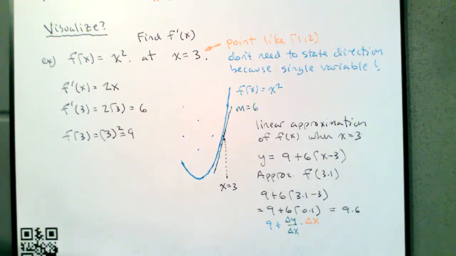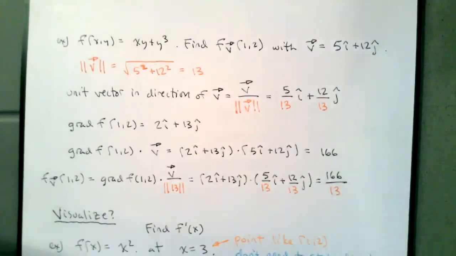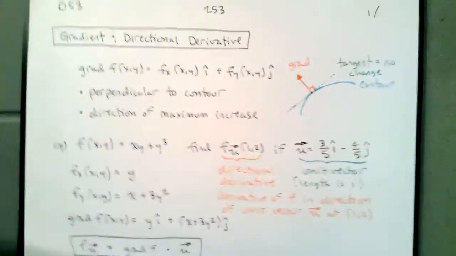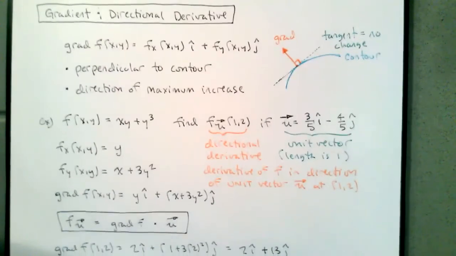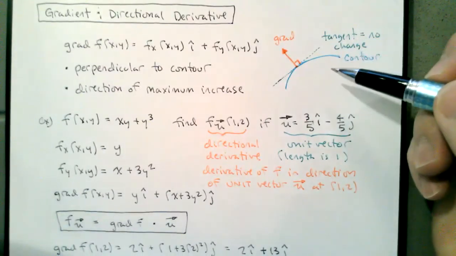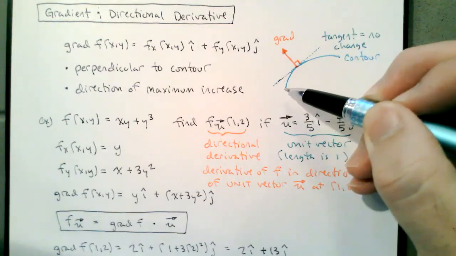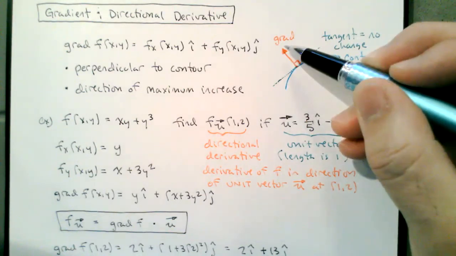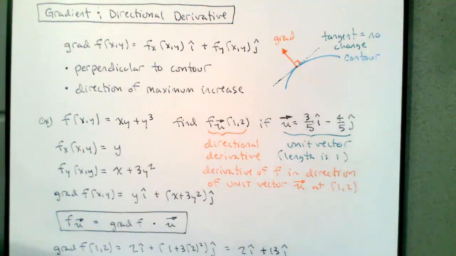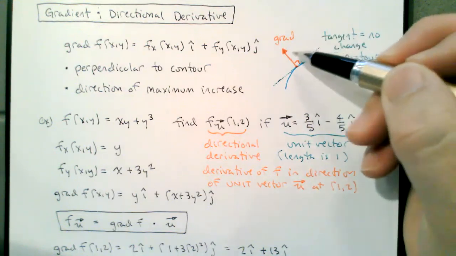If we're looking at a function of 2 variables and we're looking at gradients in the plane, then we have to have a whole surface. If we look at a particular contour, we calculate the gradient, and we can calculate how the function is changing in a whole bunch of directions, in any direction.